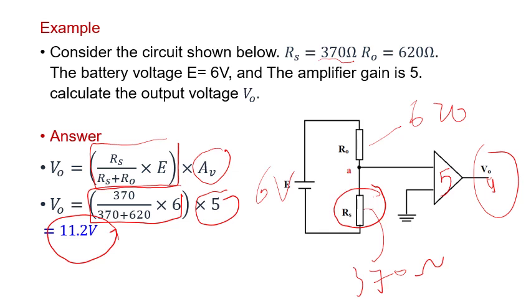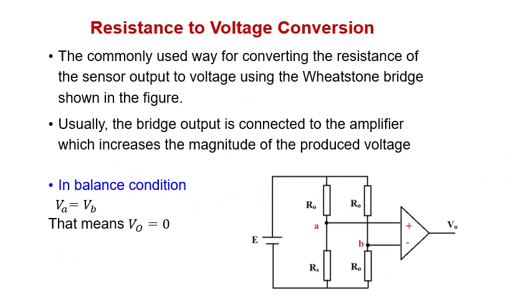We need to consider that there is a ground here, so this point and this point are the same in this circuit. Resistance to voltage conversion can again be done using the Wheatstone bridge, if you remember it. In the Wheatstone bridge, we have resistors R node, R node, R node, and here RS.